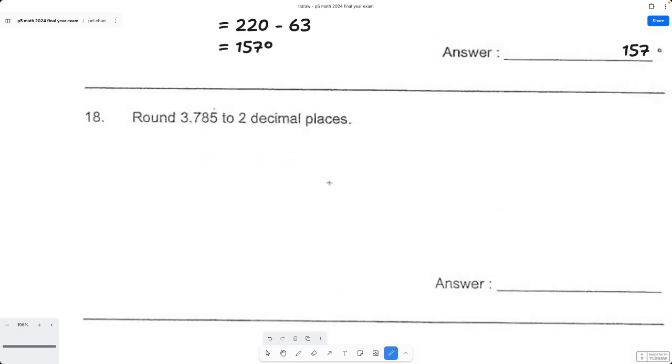Question number 18. Round 3.785 to 2 decimal places.